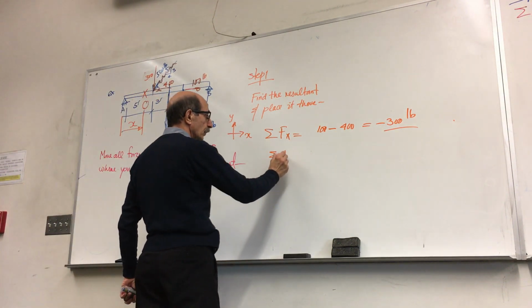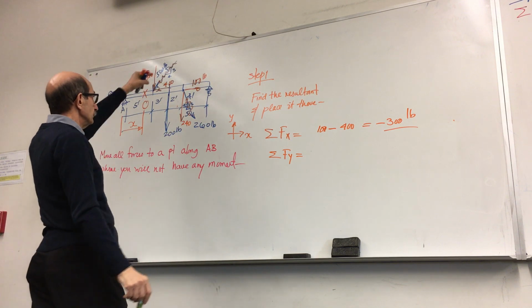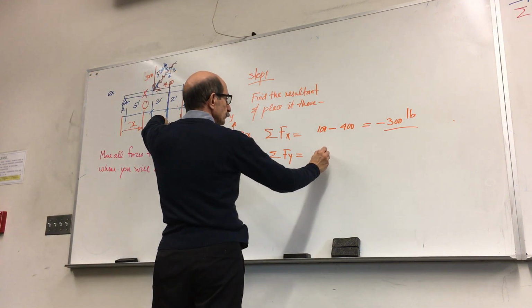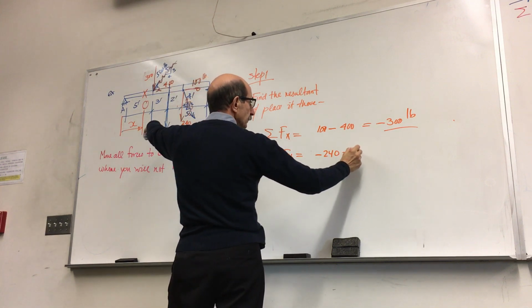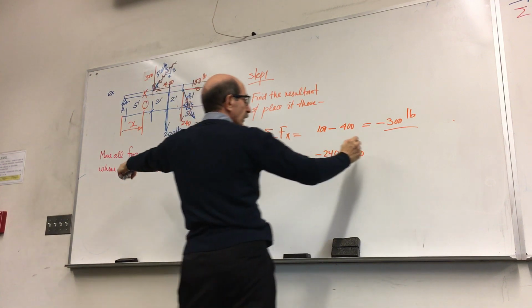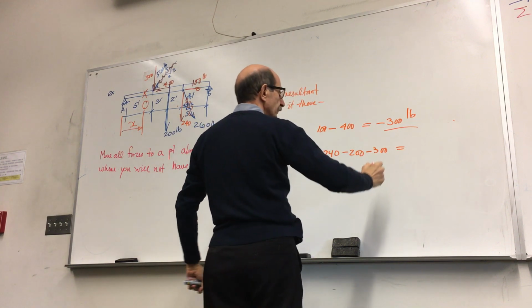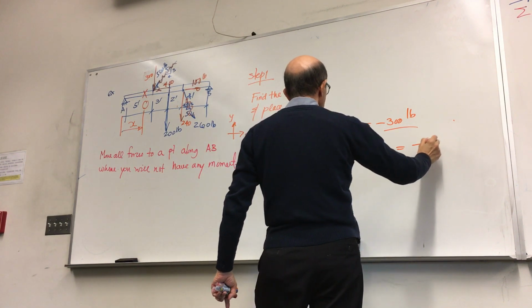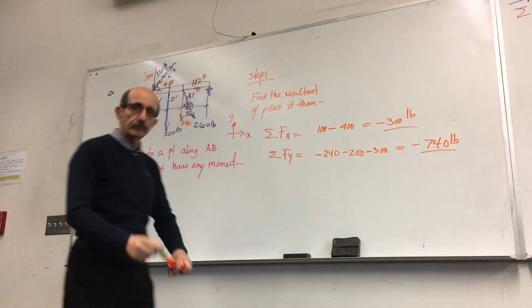Summation of forces along y. This is negative 240, negative 200, and negative 300. That's it. So you have negative 740 pounds in the y direction.